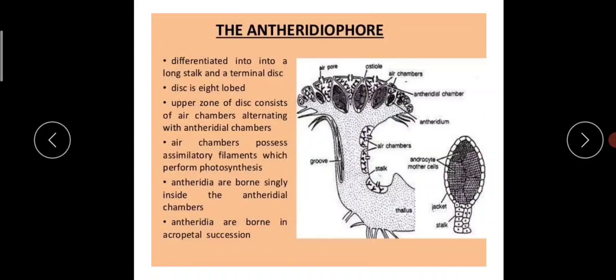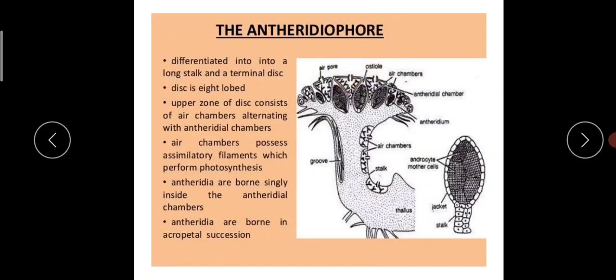The number of lobes varies in each species. On this peltate disc there will be chambers inside which the antheridium is found. That chamber is called the antheridial chamber, and antheridial chambers alternate with air chambers.